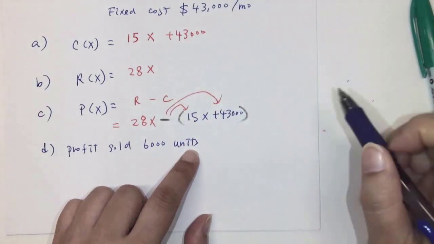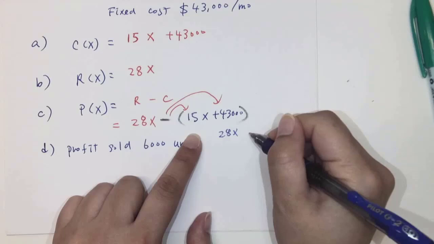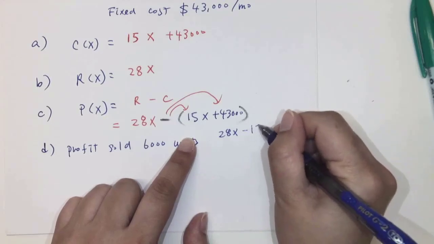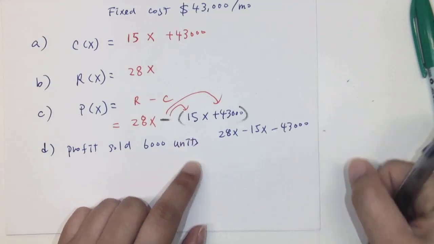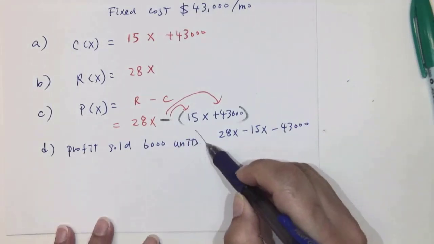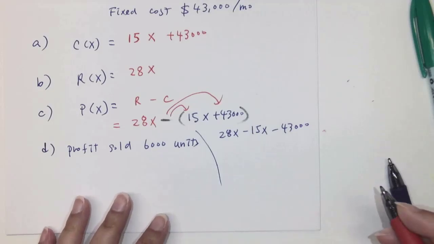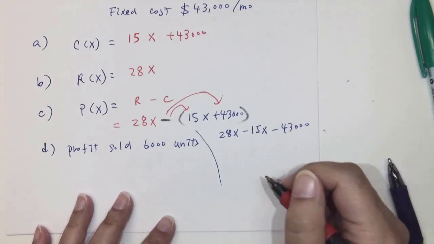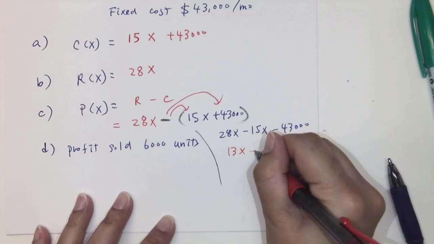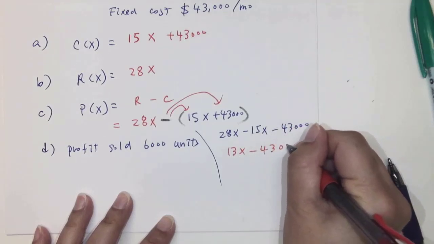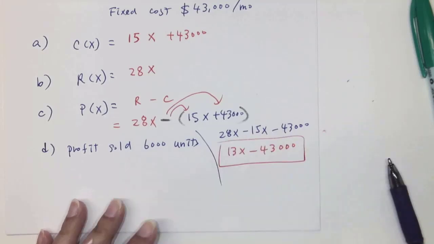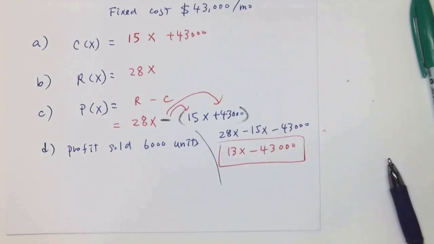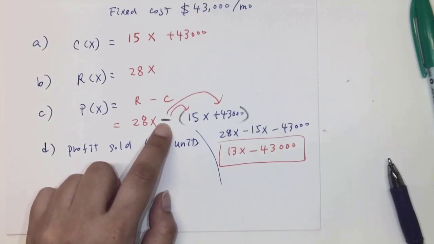So we're going to have 28x and then what? Subtract 15x and then? Minus 43,000. Got it. Okay, so 28x minus 15x is 13x and then minus 43,000. So this is your profit function, okay? You have to do a little bit of calculation, make sure you distribute the negative. That's the part that most students forget.